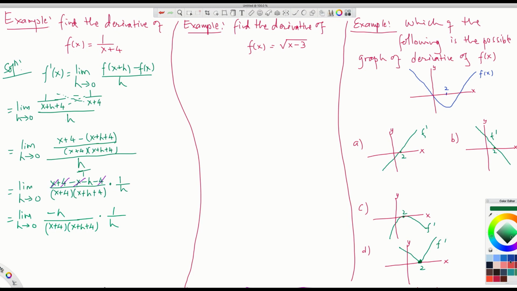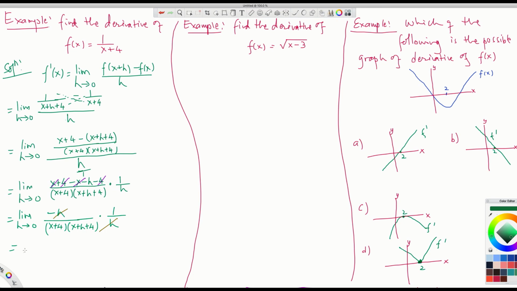You see that there is h in the numerator, and there is also h in the denominator. They are in the product form, right? So h divided by h, you can think that way. So what is left is negative 1 divided by x plus 4 times x plus h plus 4, and also let us plug in h tends to 0. If you plug in h equals 0, this will become 0, right?